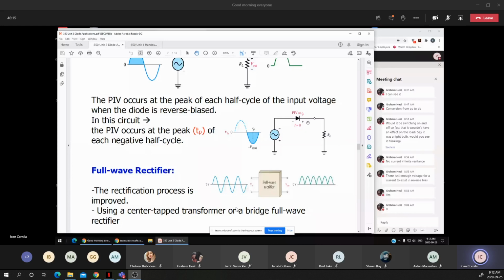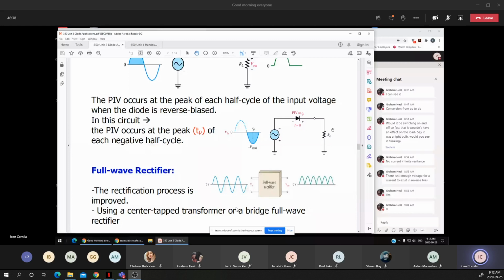Based on the maximum current that can flow through the diode, I can determine the minimum load resistance connected across the circuit.